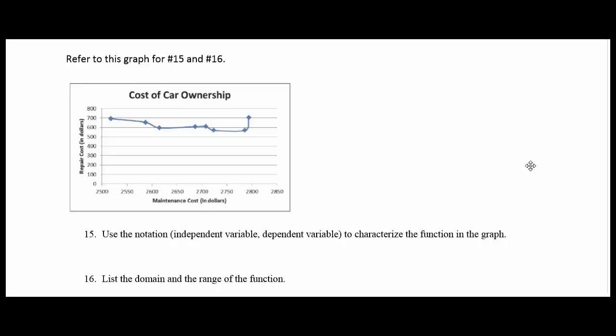In this case, our independent variable would be on our x-axis, and our dependent variable would be on our y-axis. So we are saying the independent is maintenance and our dependent would be repair.